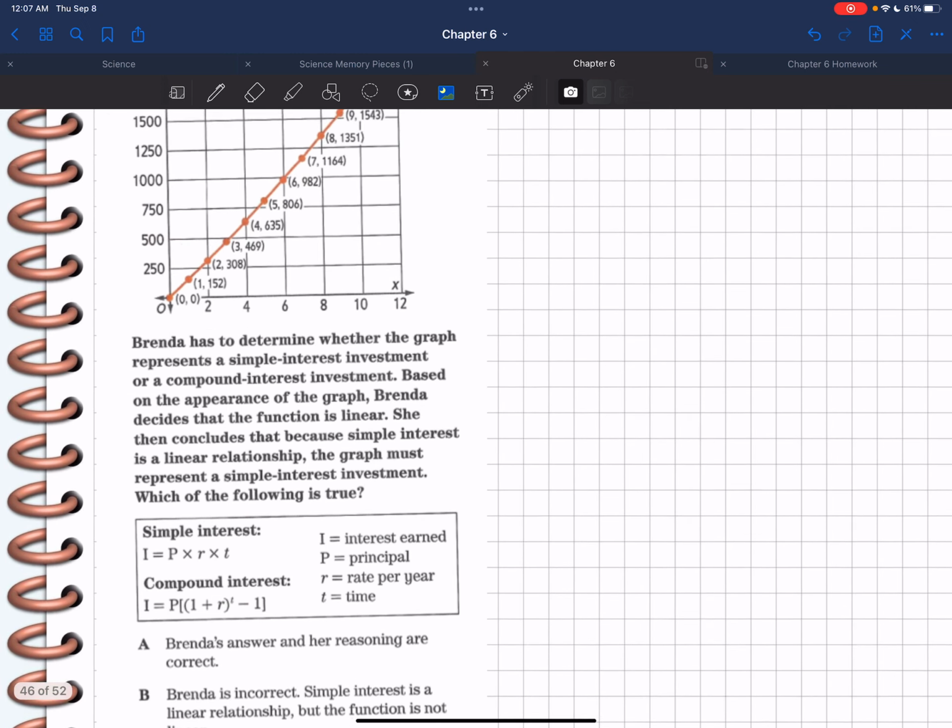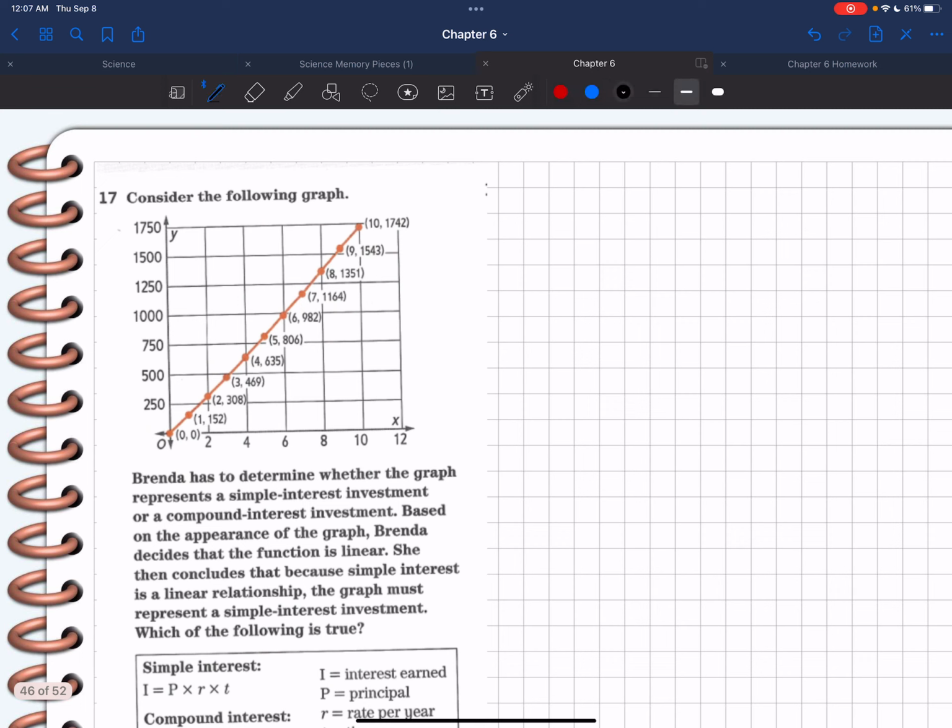So there are two questions of utmost importance. Number 1, is simple interest a linear expression? Let's first look at that.